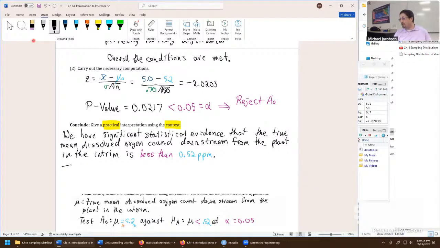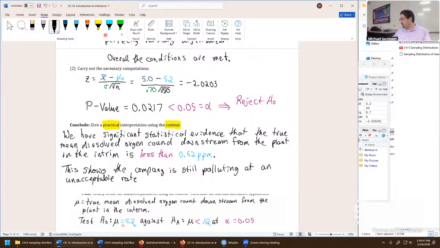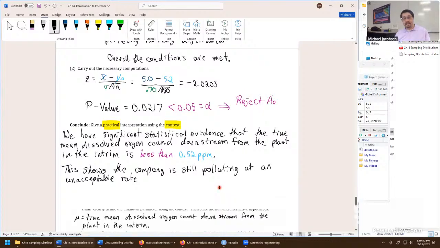So we can say, this shows the company, my penmanship is taking a nosedive. Let me slow down. The company, that looks like not the letter C. The company is still polluting at an unacceptable rate. And we did it, folks. That's the entire conclusion for this hypothesis test.